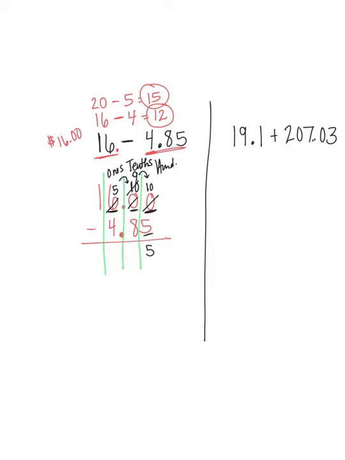I can do 9, take away 8 and get 1. 5, take away 4 is 1, and there's nothing here, so 1 take away 0 is 1. I can't forget to bring my decimal down. I get an answer of 11 and 1500ths, which is close to my estimate here.